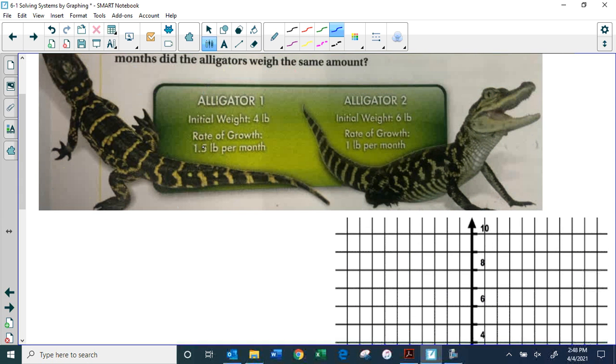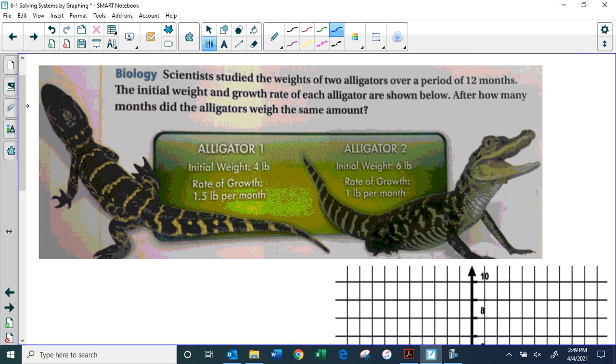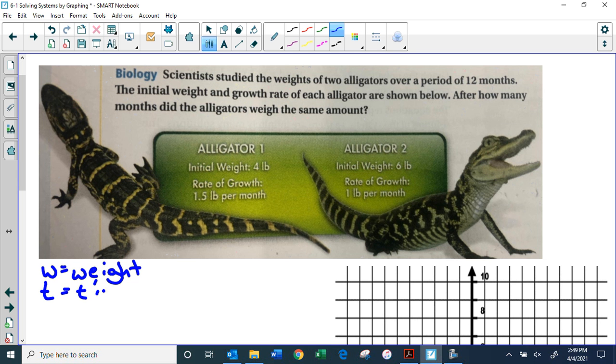So alligator 1, its initial weight's 4 pounds. Its rate of growth is 1.5 pounds per month. So we have 2 variables here. I'm going to use W for weight, and I'm going to use T for time. And the time is in months.